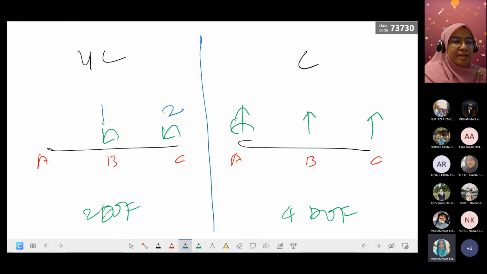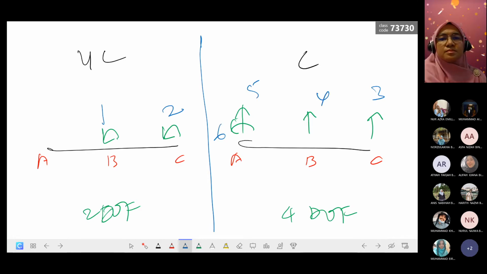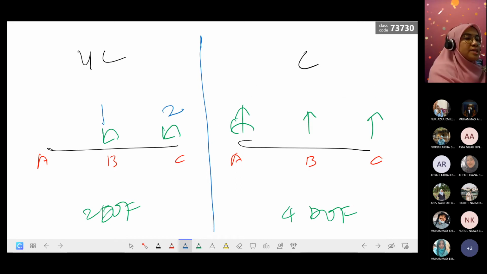Bila kita pisahkan, kita kena label dulu unconstrained. So dekat unconstrained, beam unconstrained, dia ada 2 tu, 1 dan 2. Sambung pula dekat constraint, sambung nak letak mana? Nak start daripada C boleh, nak start daripada A boleh, ikut suka. Mungkin ada orang dia suka nak letak sini 3, sini 4, sini 5, sini 6.